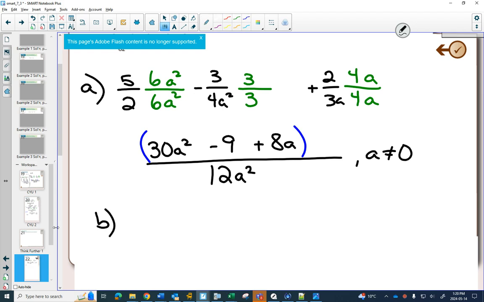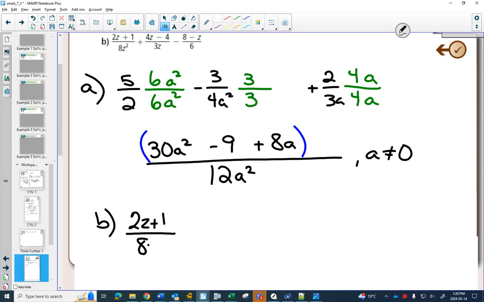Part B, same thing. Going to rewrite it, adding a fair bit of space. Switch colors.